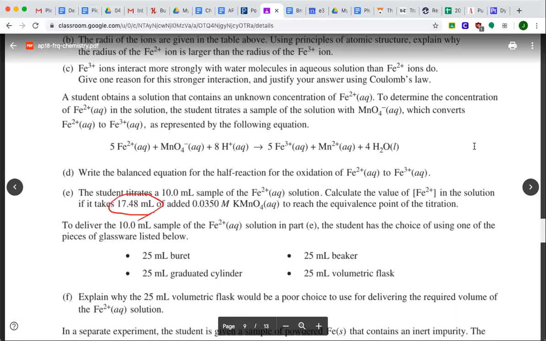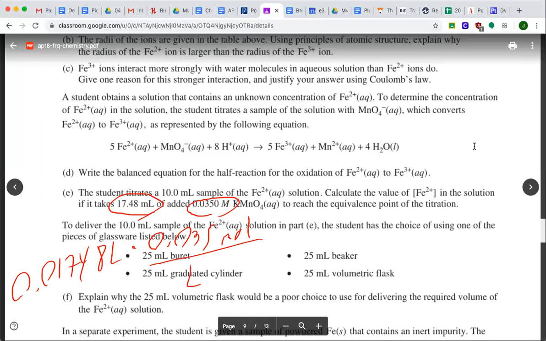This many milliliters times this molarity. So you get 0.01748 liters times 0.035 mole per liter, which is going to give you a number of moles.